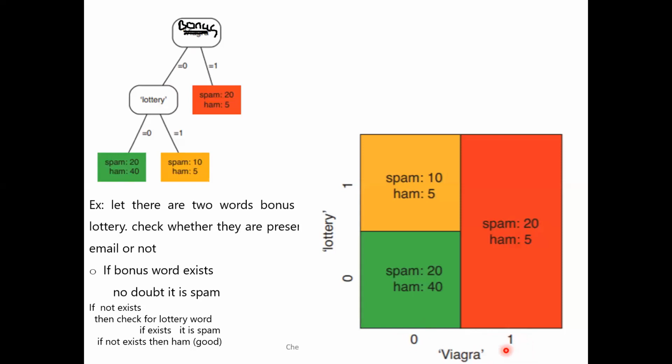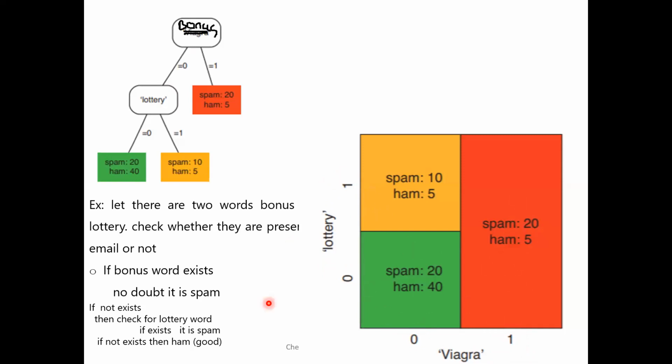So if there is Viagra, automatically spam is 20, ham is 5. Whether lottery exists or not, we don't need to check. This is how we represent it logically.